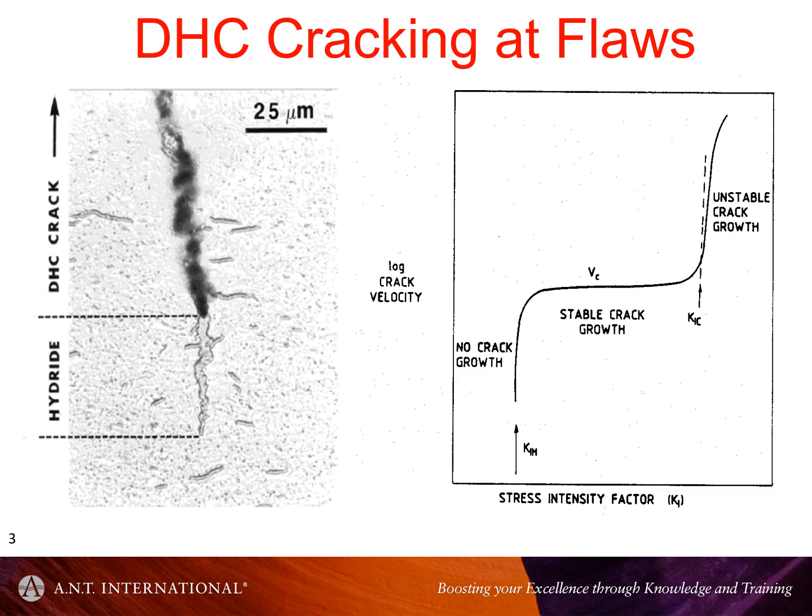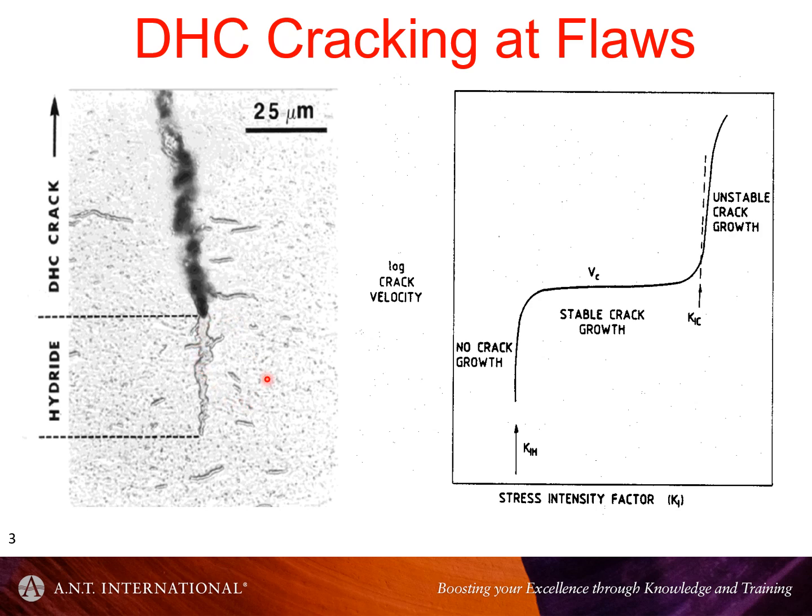Many of you might be familiar with DHC, and you probably are if you come from the zirconium community. And hydrogen is probably the worst thing for zirconium in terms of the fracture properties. Zirconium suffers from what's known as delayed hydride cracking. What happens, you have a flaw, a crack tip, such as one shown here, and hydrogen will nucleate at the crack.